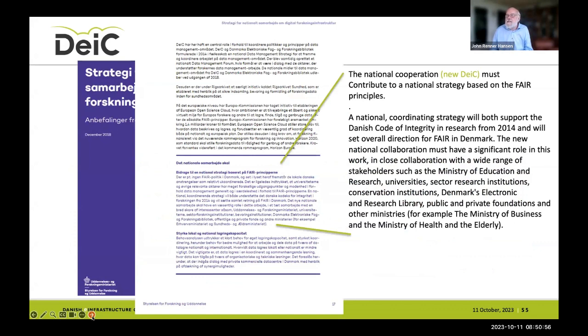What it says is that the national corporation, which is now named DIKE, so in this strategy we didn't have a name for it yet, but it's called the Danish Infrastructure Corporation, has to be a strong contributor to this national strategy on FAIR principles. And it's very important that it links up to what we call the Danish Code of Integrity in Research, which was issued by the ministry in 2014.